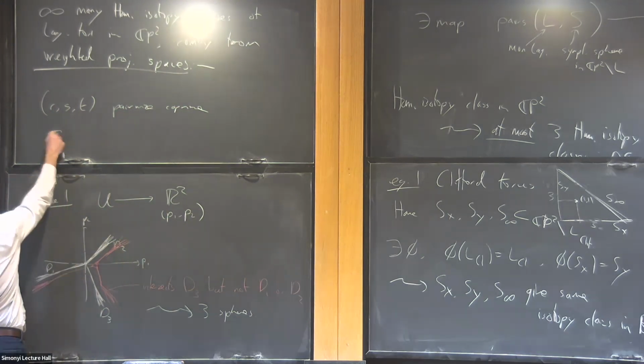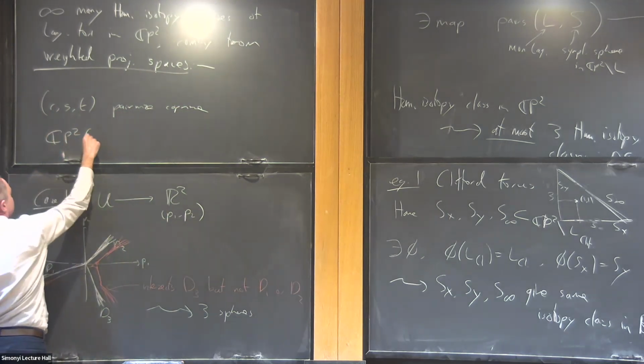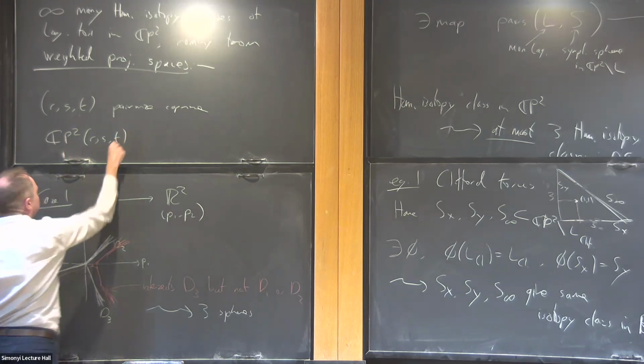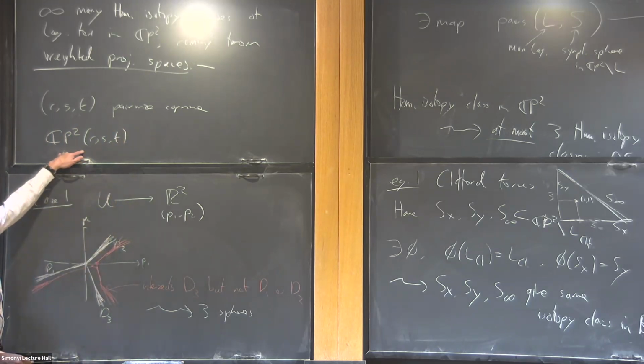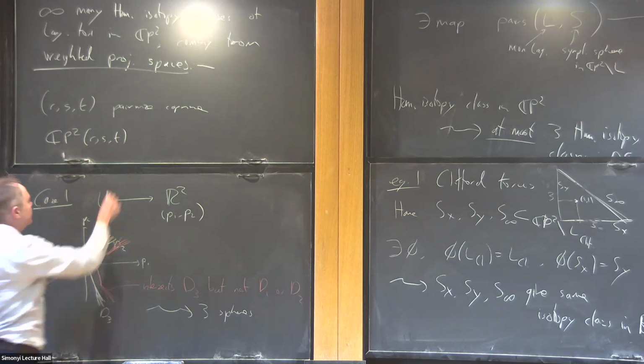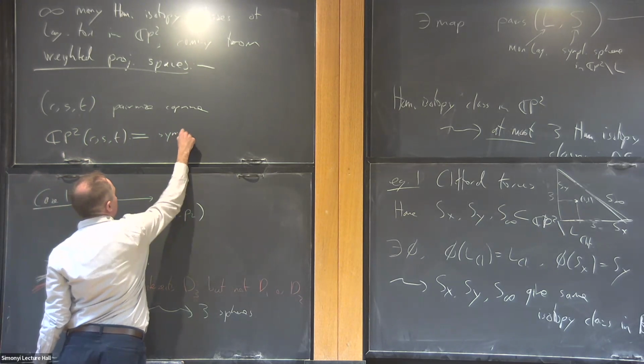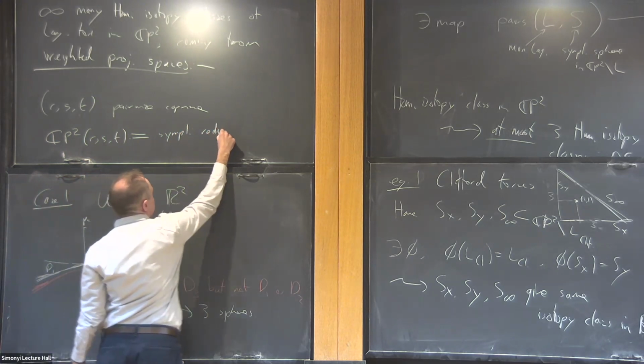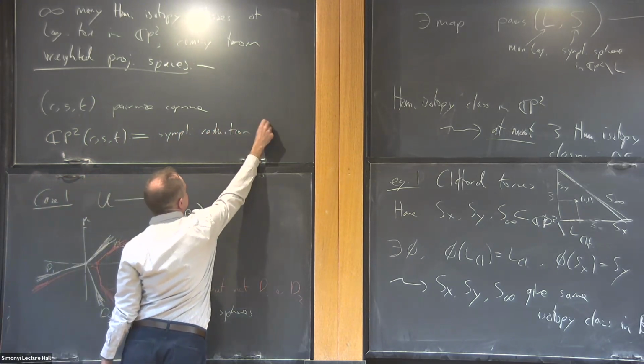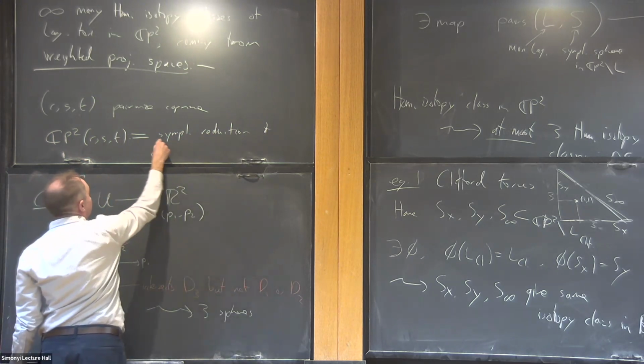Then we can define the weighted projective space, CP2(R,S,T). I want to think of this as symplectic, so I see it as a symplectic reduction of the boundary of an ellipsoid.